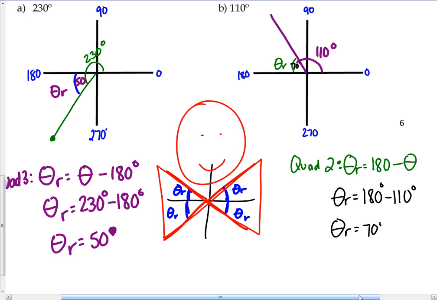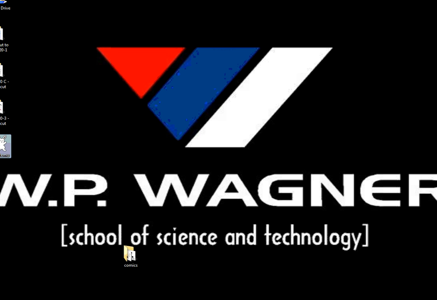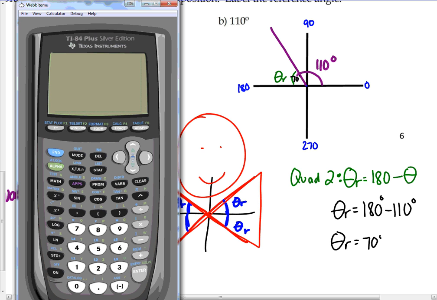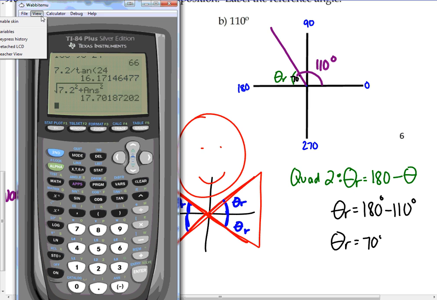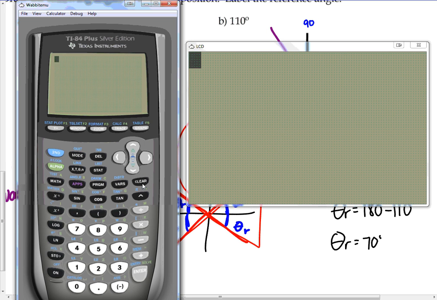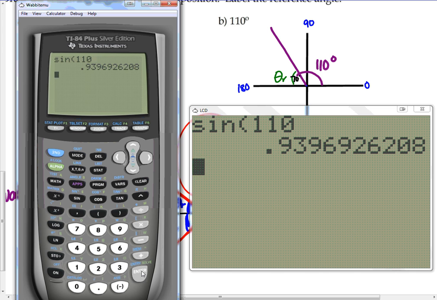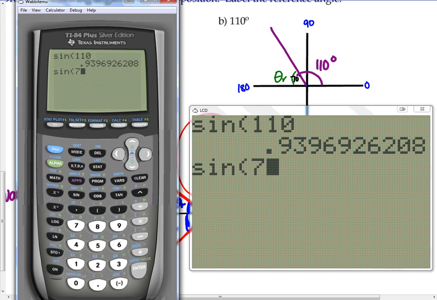Everyone grab your calculators and make sure you're in degree mode. I'd like you to type in sine 110 and now sine of 70, the question we just did and then sine of your reference angle.